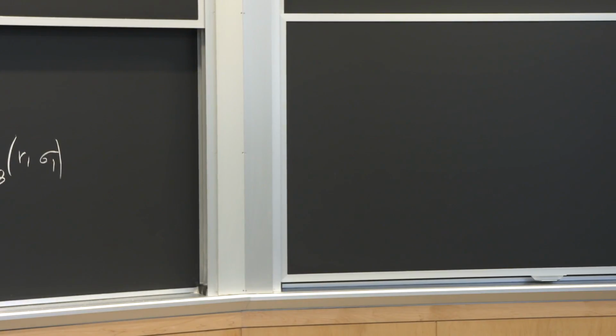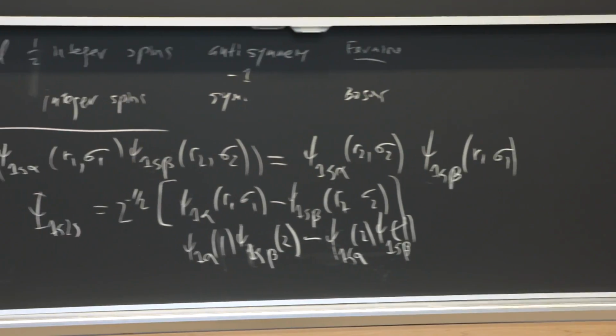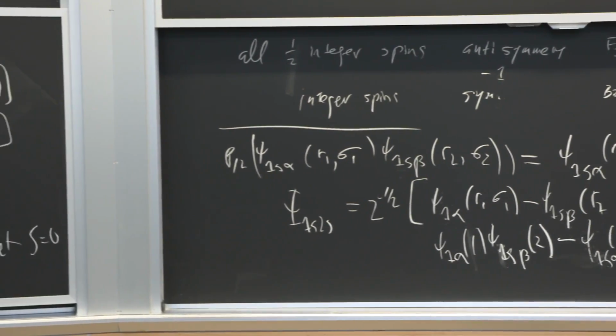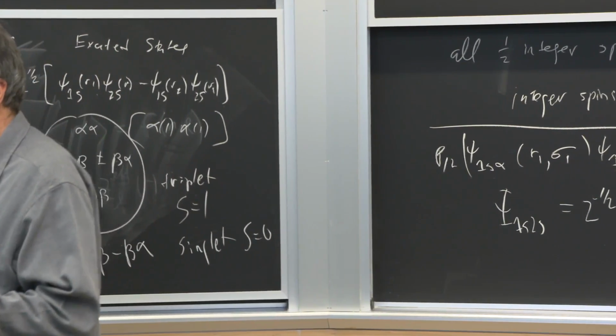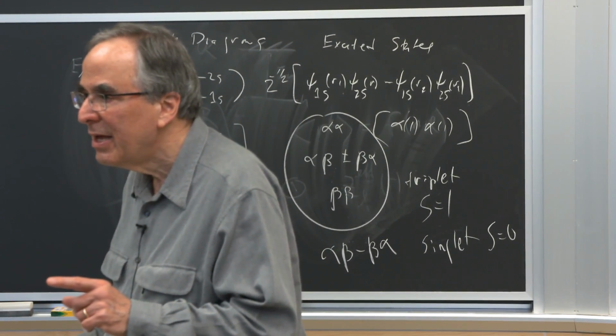For the top state, the one with both spins up, would that also be S equals 0? I can't hear the last word. Would the state with both spins up also be S equals 0?